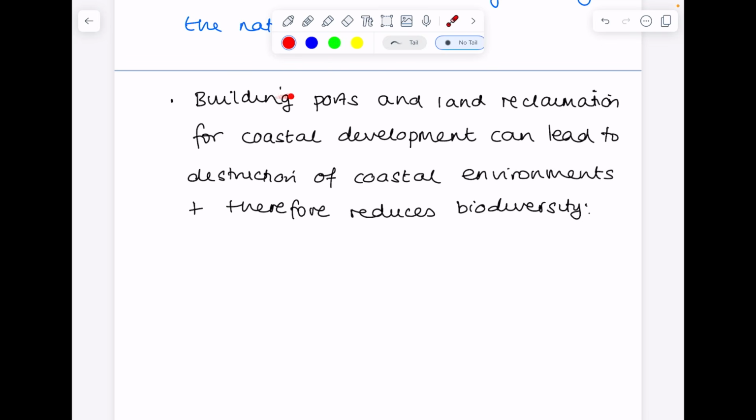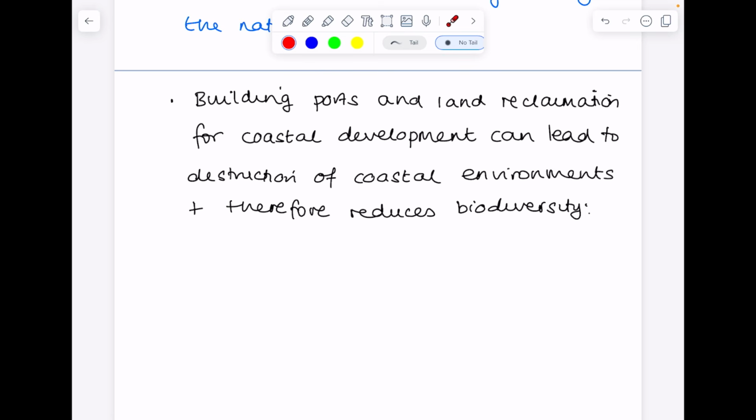So, from an industrial point of view, remember, people build ports, which contain ships, cargo ships, in order to move products around. Land reclamation is all about draining land of sea, meaning that you can then build on it, and clearly both of these things are going to destroy coastal environments and reduce biodiversity.